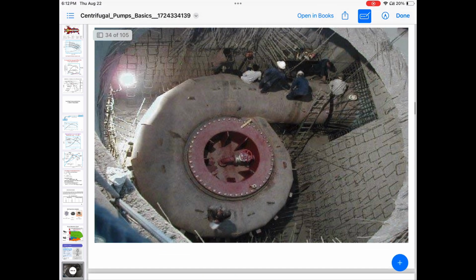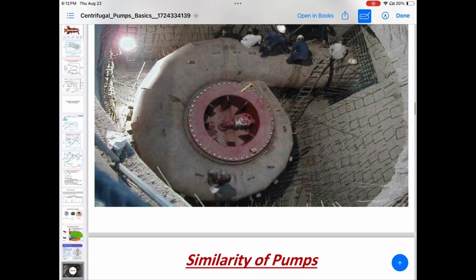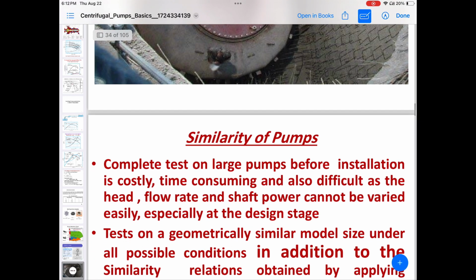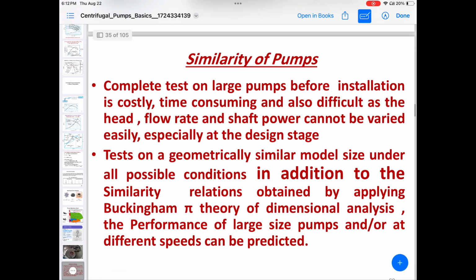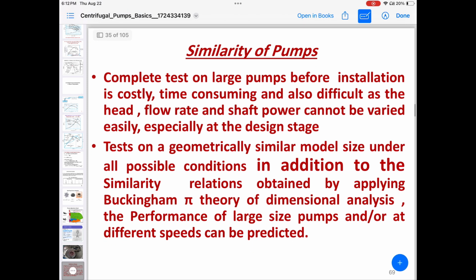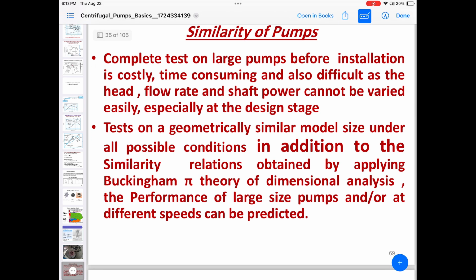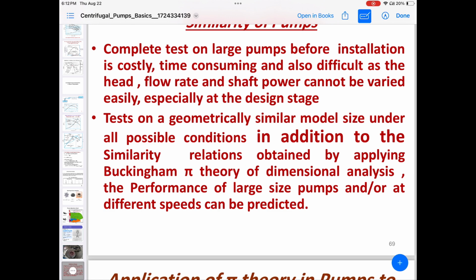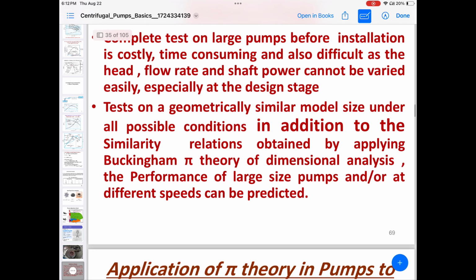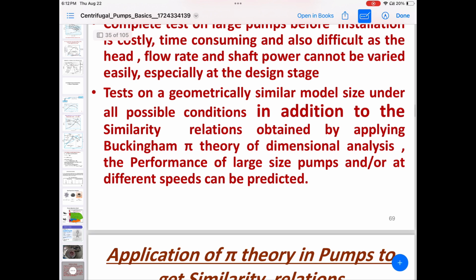There is the wall casing, bigger than for power plants, and similar simpler pumps. Completing the test of large pumps before installation is time constrained and also difficult, as the head, flow rate and shaft power cannot be easily arrived at, especially when it is designed for stage or test on a geometrically smaller model size.